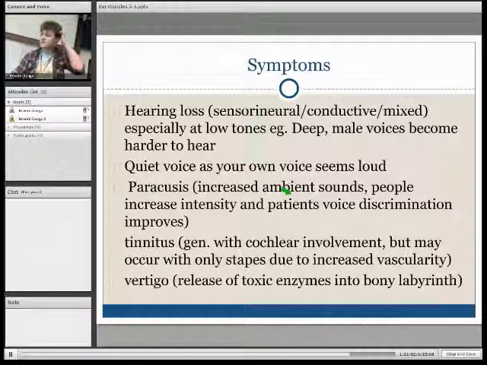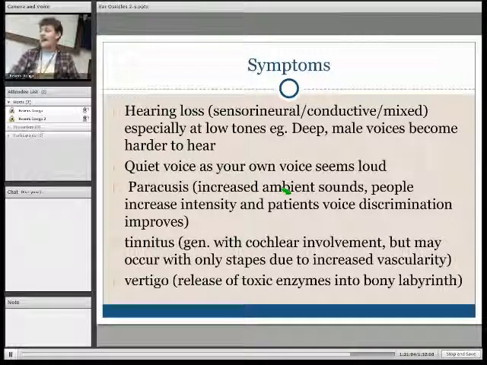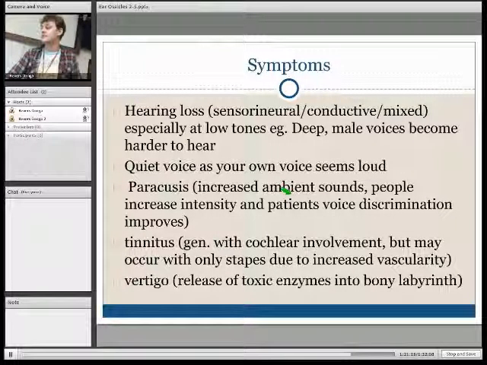Some symptoms were said. Paracusis we haven't. That describes the phenomenon whereby if there's more background noise, the patient is able to discern people's voices more easily, discriminating them.